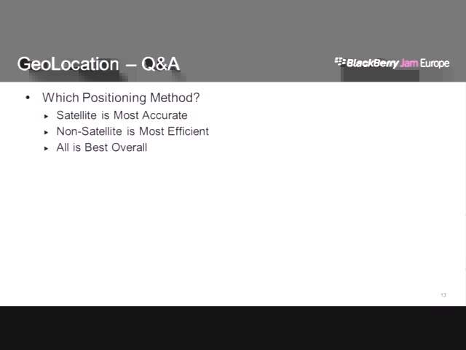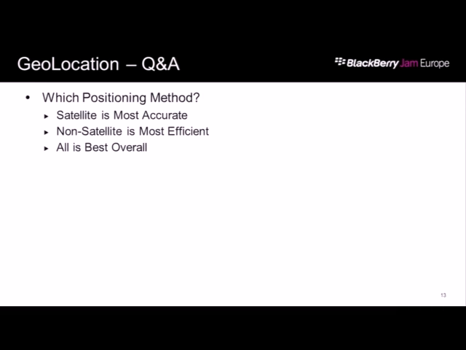Worst case? Like worst case, best case? Yeah, it depends. There are so many variables involved. Are you in a concrete jungle that is blocking the cell towers? Are the Wi-Fis that you're connected to known and their positions known? So I'm not going to answer that question.